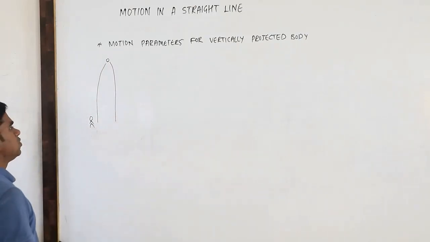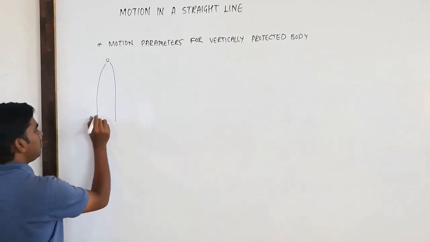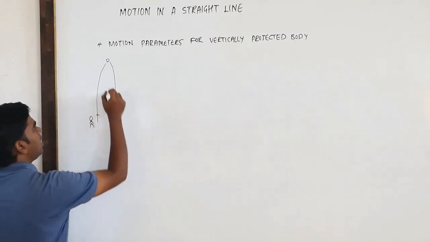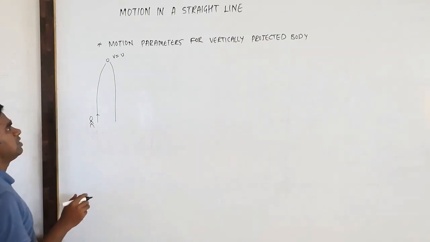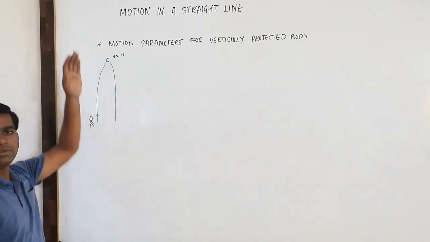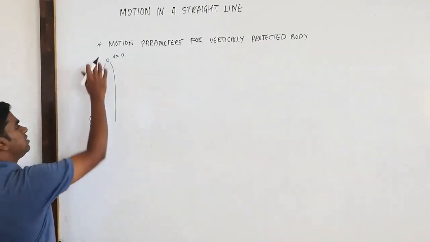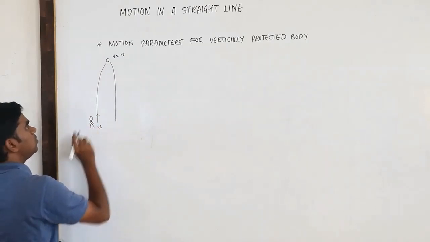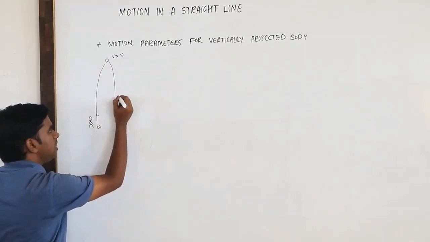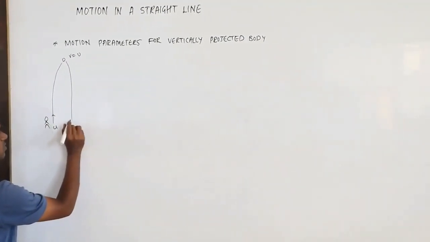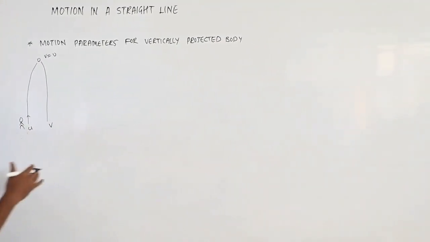Okay, so you will throw it with some velocity u, and decreasing, at the top it will reach zero velocity, means it will come to rest. When you throw it, velocity goes on decreasing. Then as it comes down, velocity goes on increasing, so it will attain some final velocity v.